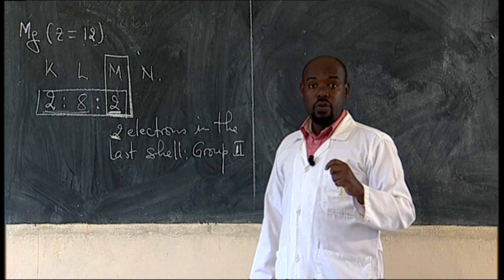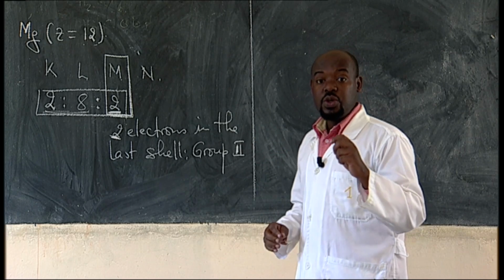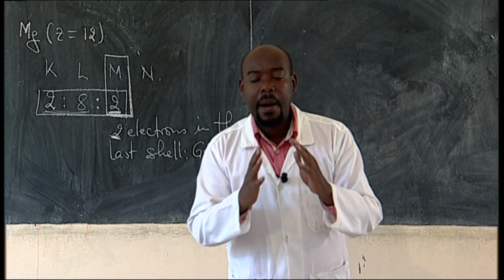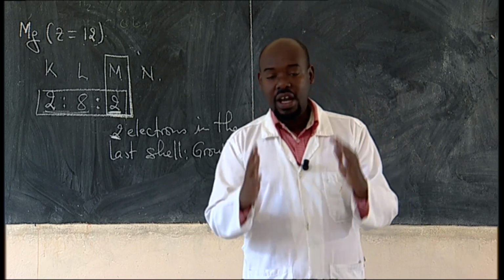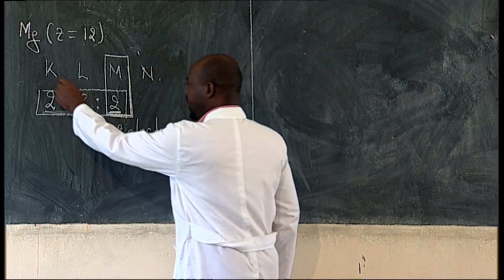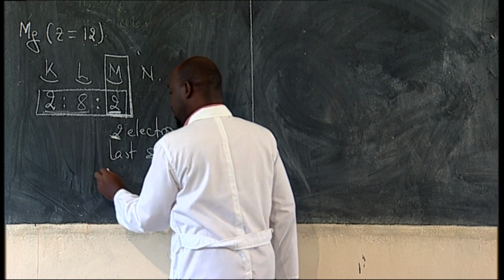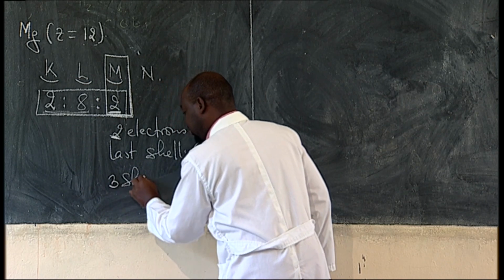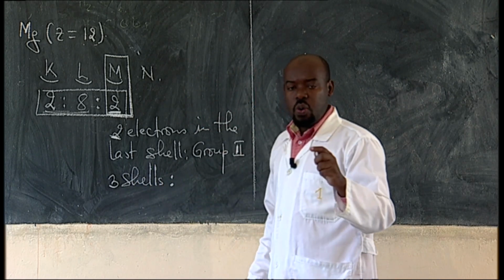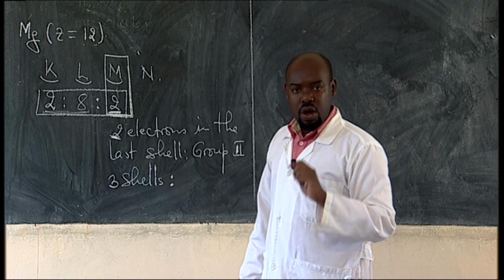Okay? Group 2. And how do we determine the period number? We consider the number of shells which are occupied by electrons. How many shells do we have in magnesium? We have K, that is the first, the second, and the third. So we have 3 shells. And the number of shells is always equal to the period number that the element belongs to.